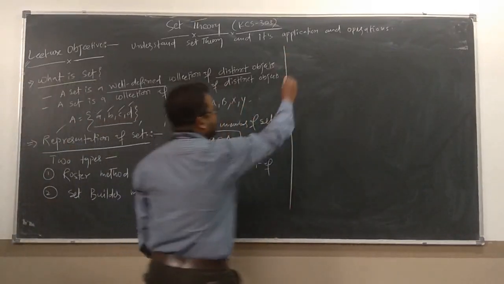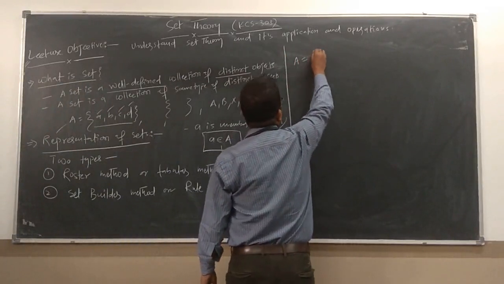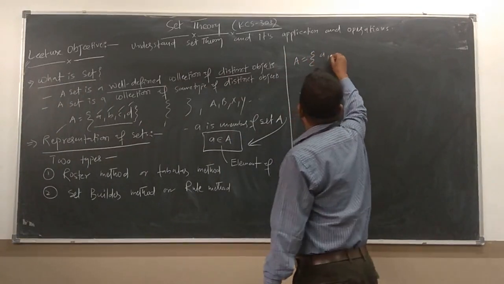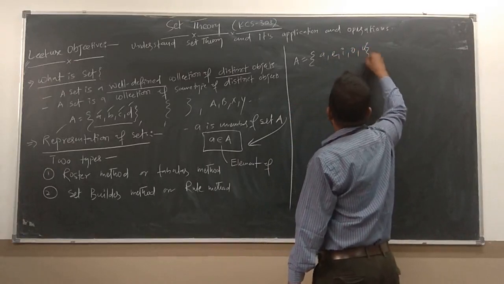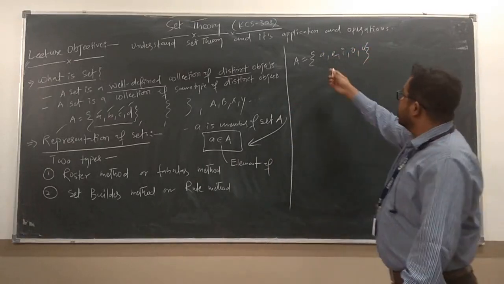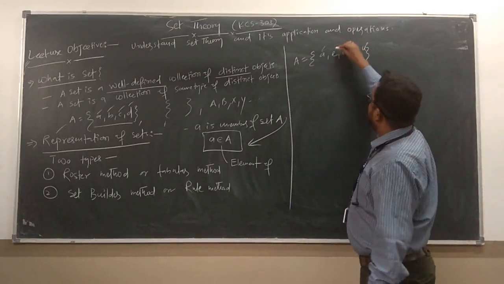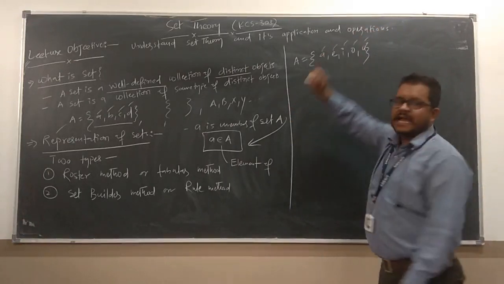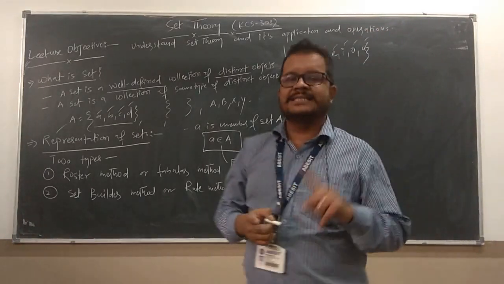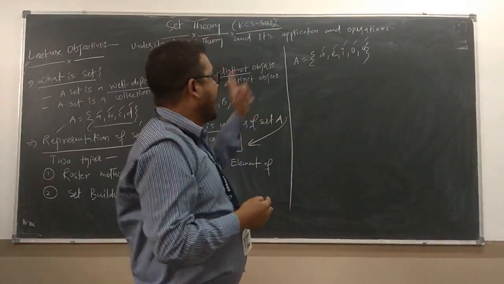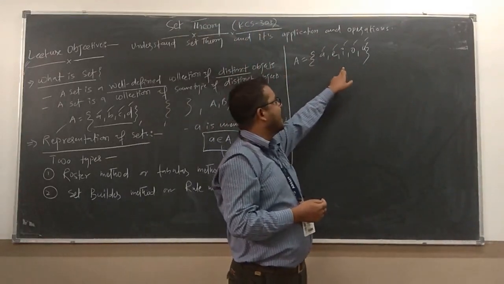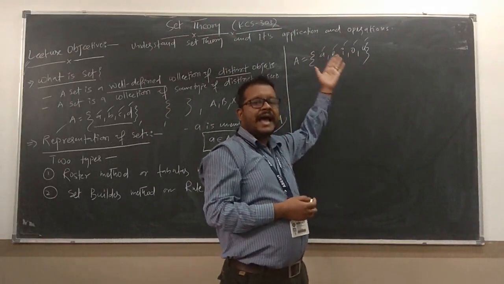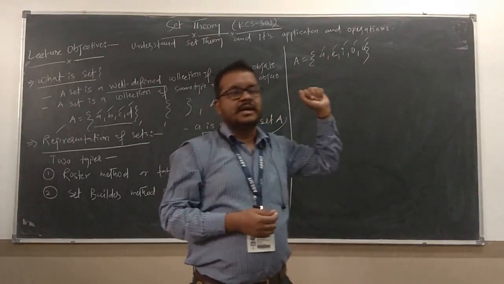We can take some more examples of sets, like A may be a set of a, e, i, o and u. Now guys, these are five elements. They are of the same type as they are vowels, and they are distinct as a, e, i, o, u all have their own identity.